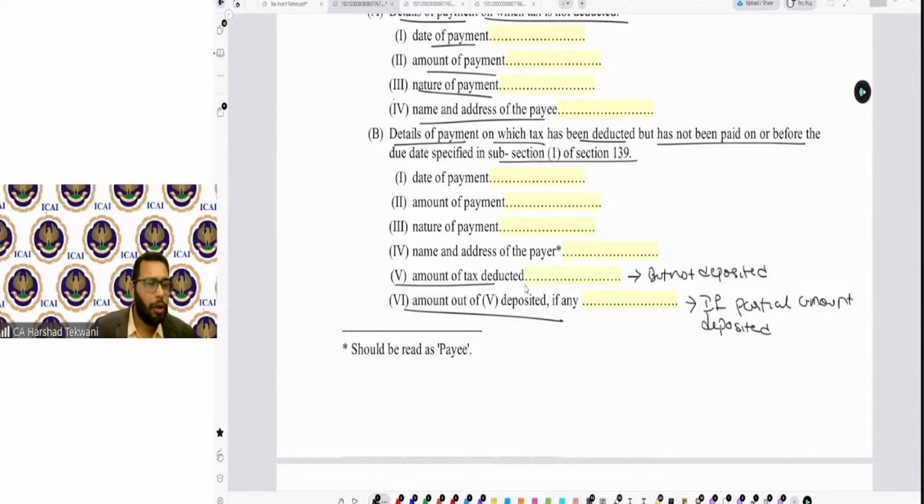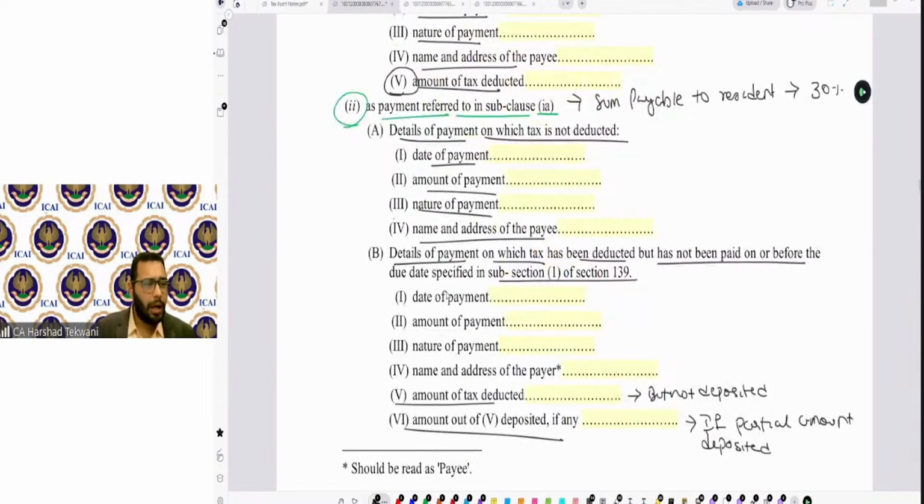So this particular clause talks about payment made to residents on which the tax was supposed to be deducted.